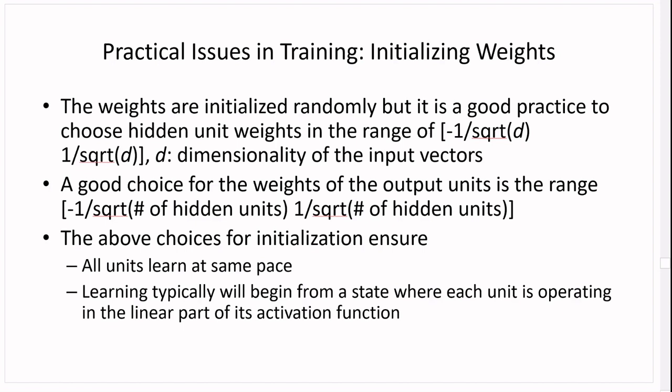So it's a good practice to choose hidden unit weights in the range of -1 divided by square root of d to 1 divided by square root of d, where d is the dimensionality of the input vectors. Through empirical means, people have found that if you set the weights like this, you end up getting pretty good training in a reasonable amount of time.